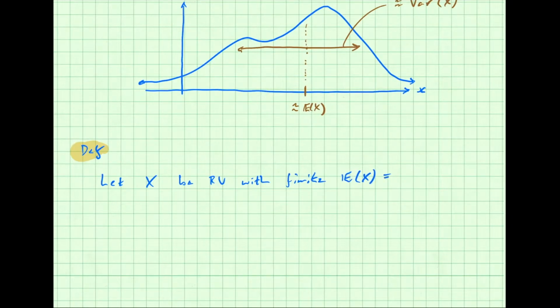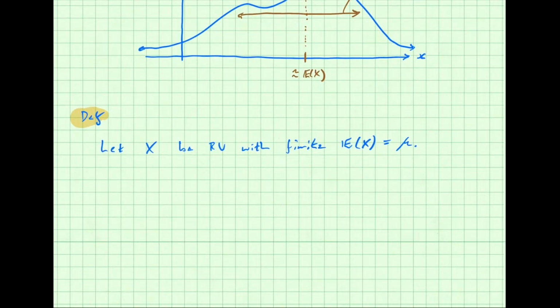And we'll name that mu. That's a common symbol to use. Then the variance of x can just be stated as a simple formula. The notation we're going to use is var of x.